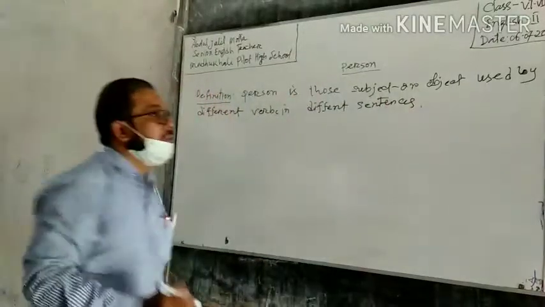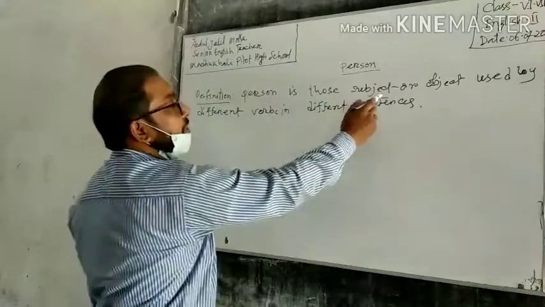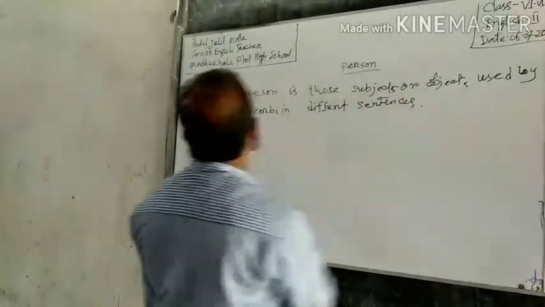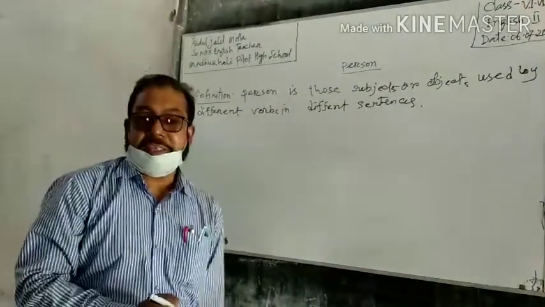Okay? I am repeating it. Person is those subjects or objects used by different verbs in different sentences. Is it clear?